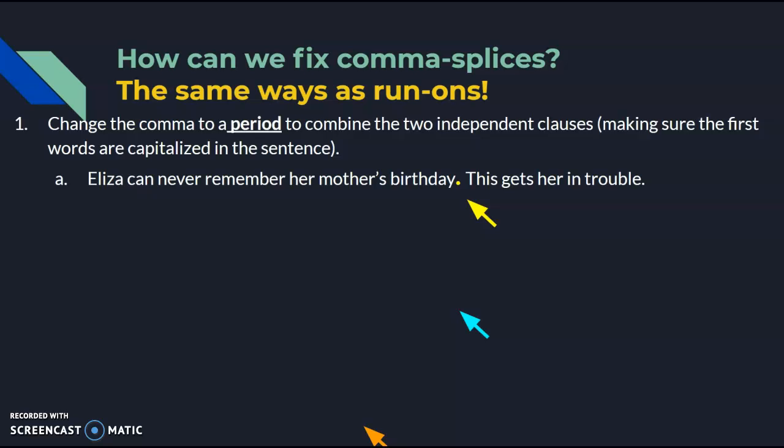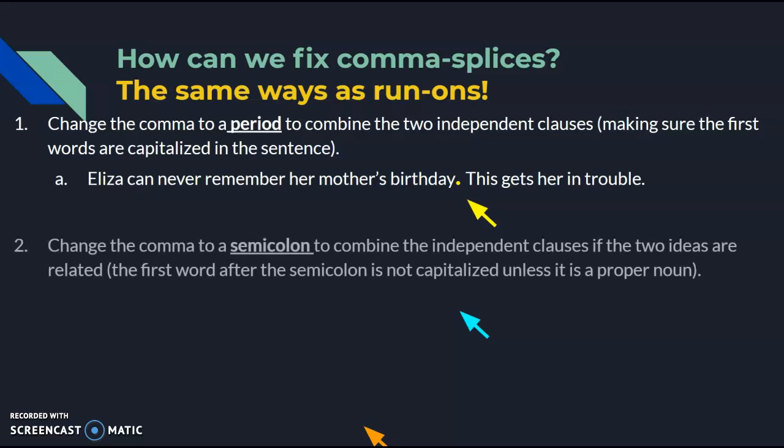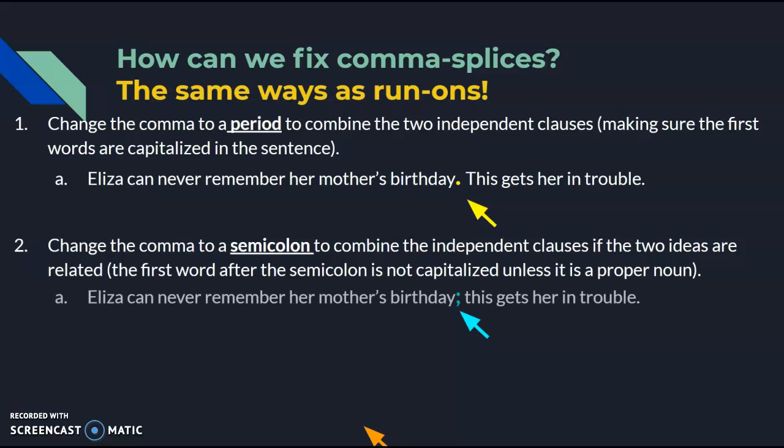This gets her in trouble. Or you can change the comma to a semicolon to combine the independent clauses if the two ideas are related. Again, noting that the first word after the semicolon is not capitalized unless it's a proper noun. Eliza can never remember her mother's birthday, semicolon. This gets her in trouble.